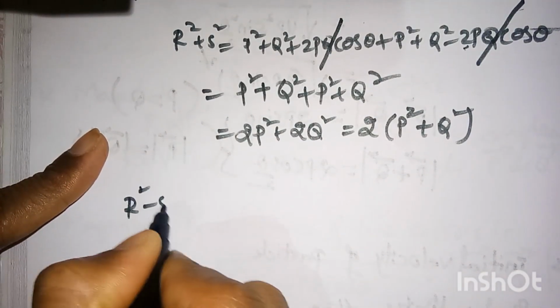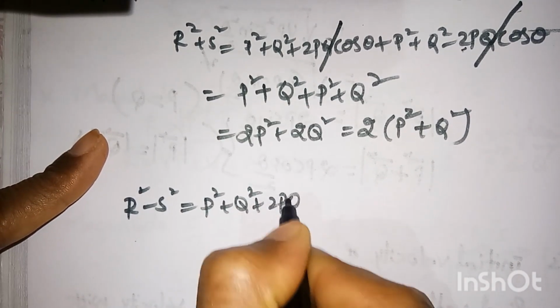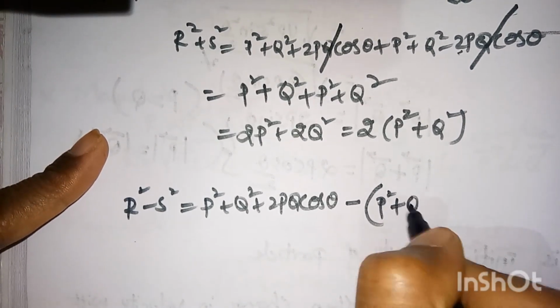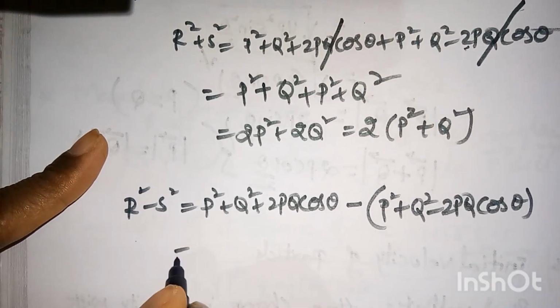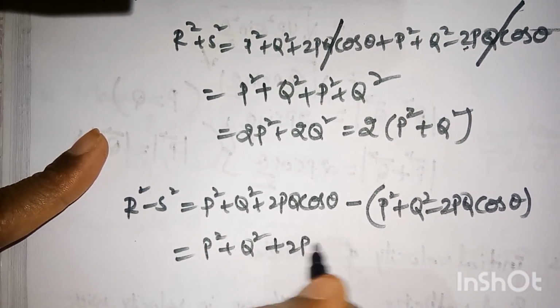But suppose they ask you to find R square minus S square. That is P square plus Q square plus 2PQ cos theta, minus P square plus Q square minus 2PQ cos theta. Multiplying the minus sign through, we get minus P square, minus Q square, plus 2PQ cos theta.